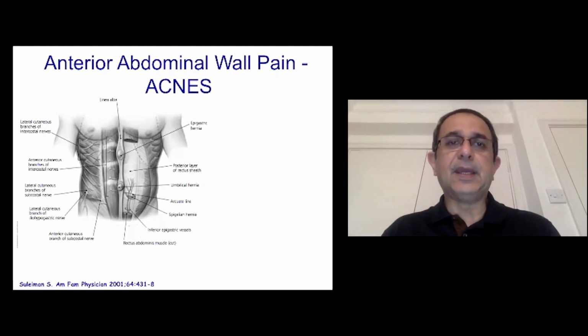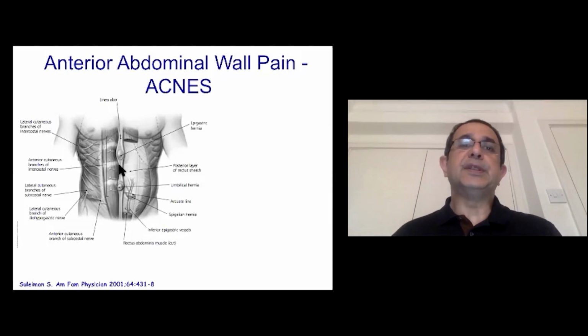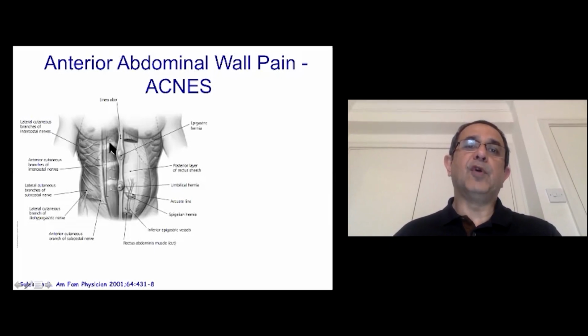So this is the muscle that people go to the gym and work out and try and get a six-pack. And what you also see is that going through the muscle, these white cords that you see here are little nerves that can go through the muscle. There are about 6 of them all the way from just underneath the rib cage to the pelvis. And these are called anterior cutaneous nerves.